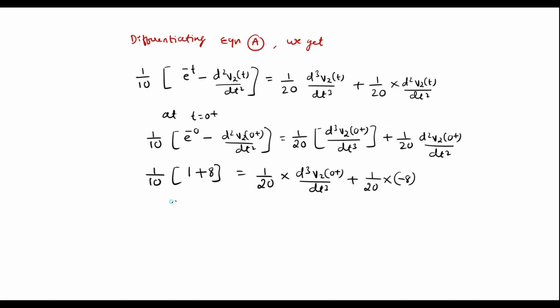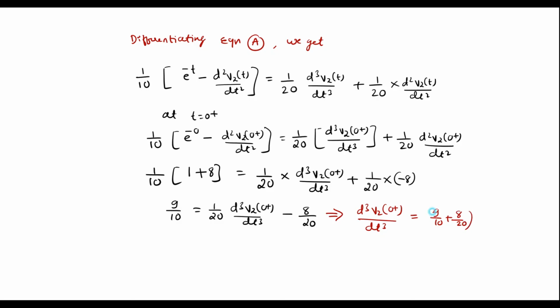Let me simplify. This is 9 by 10 is equal to 1 over 20 d cube v2 of 0 plus by dt cube plus minus 8 by 20. Let me simplify this further. I can write d cube v2 of 0 plus by dt cube is equal to 9 by 10 plus 8 by 20, and this term is multiplied with 20.